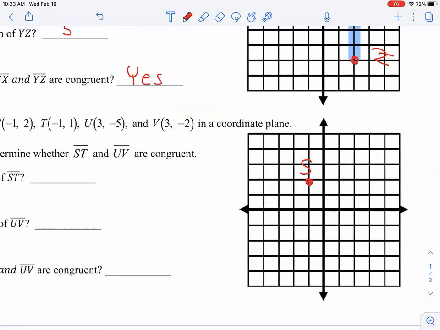I'm going to plot (-1, 1). That's T. I have (3, -5). That's U. And I have (3, -2).